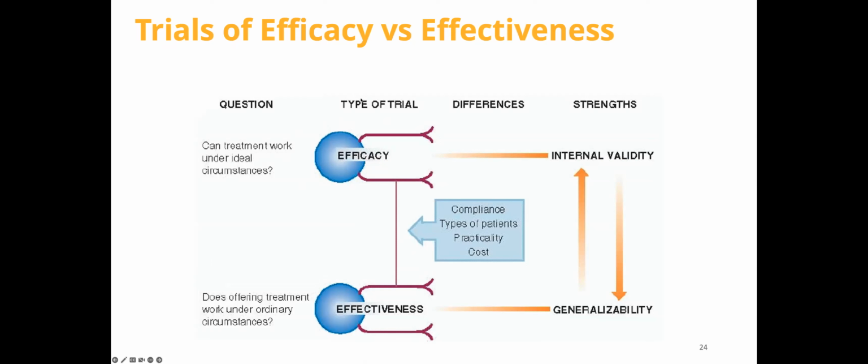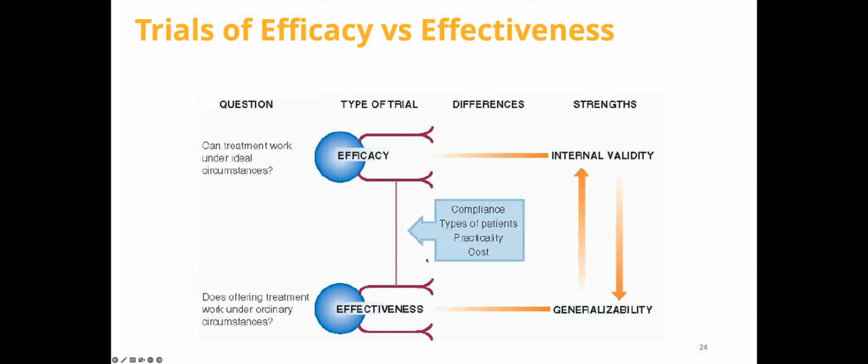So whether it treats the disease that the medication is intended to be indicated for the treatment of. So efficacy is, under very ideal controlled circumstances, does a particular medication work?